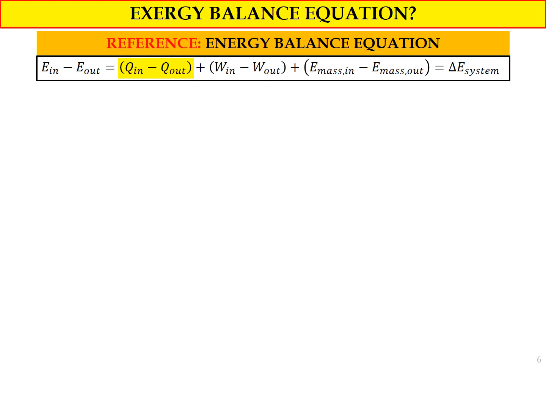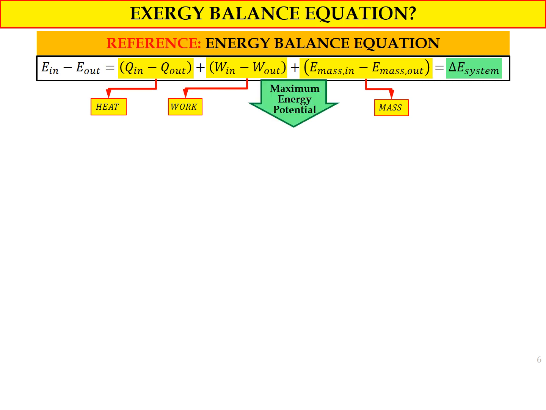So in this equation we have terms for energy transfer by heat, energy transfer by work, and energy transfer by mass. So we have three terms. And the last one we have is the energy change of a system.